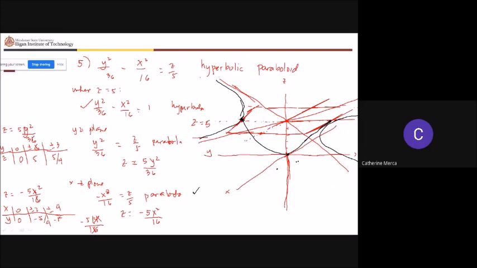And when X is plus or minus 4, Z is at negative 5.